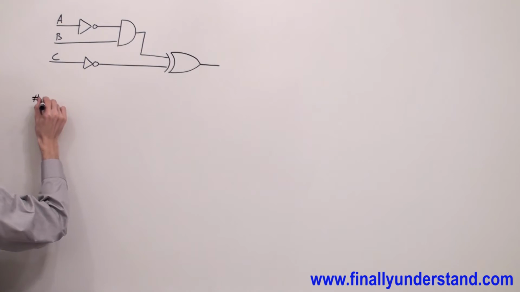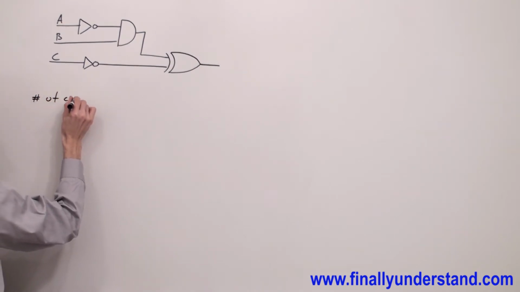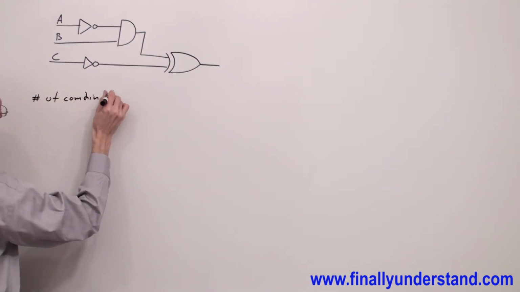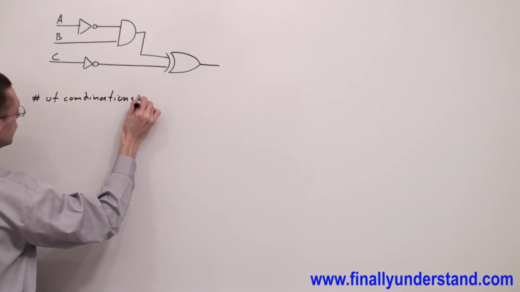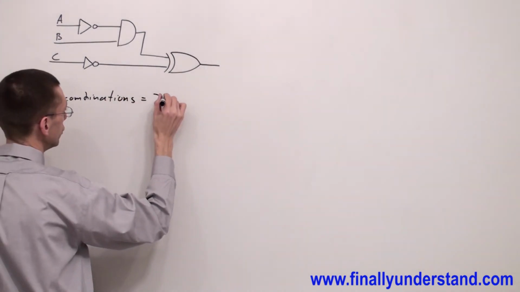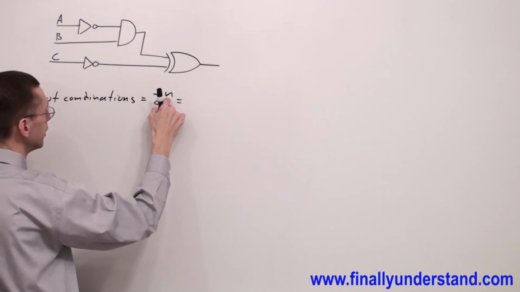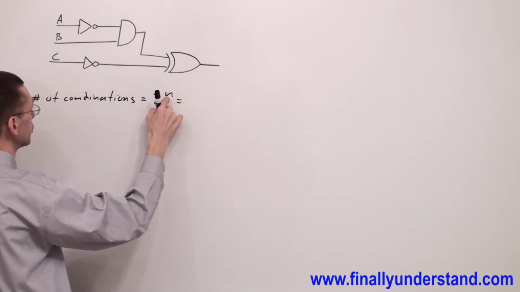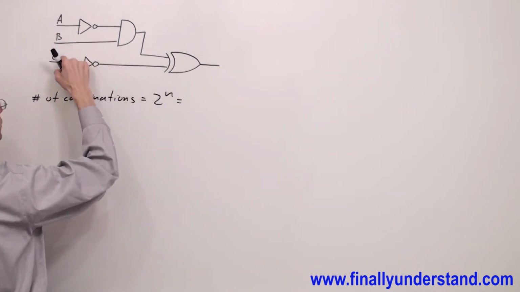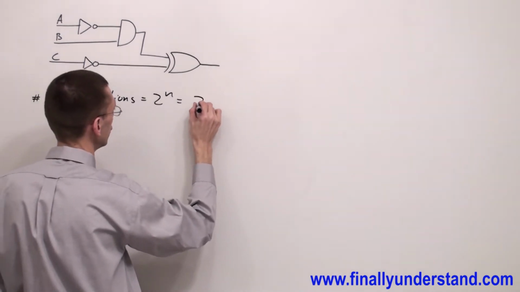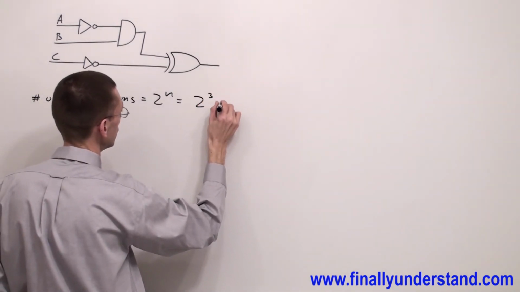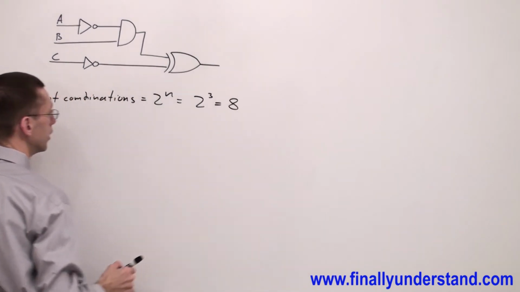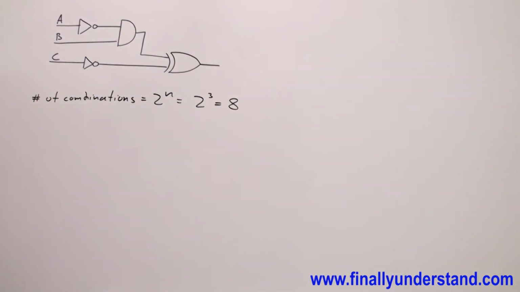Remember, the formula says number of combinations is equal to 2 to the n, where n is the number of inputs, or the variables A, B, C in this case. So this is 2 to the third, which is equal to 8. We are going to have 8 different combinations applied to the circuit.